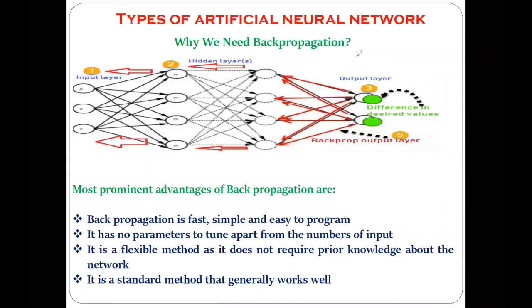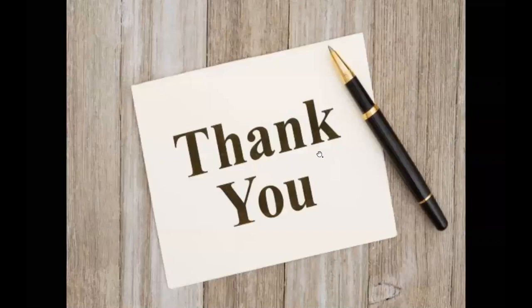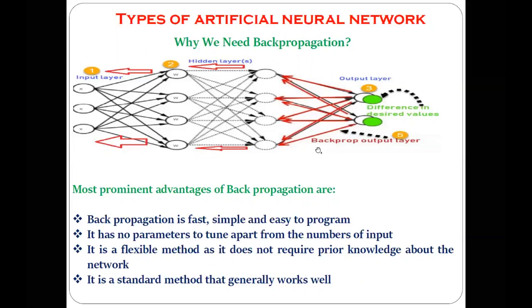In this way, these networks learn, and if proper learning happens, then the desired output can easily be obtained. That is the need for back propagation. Okay, all of you understood?